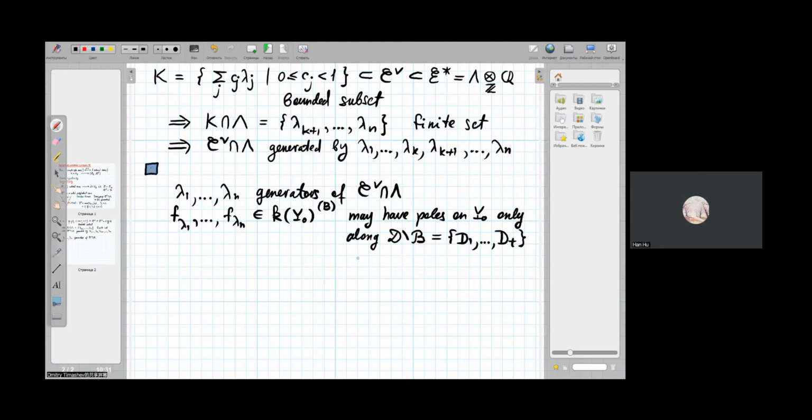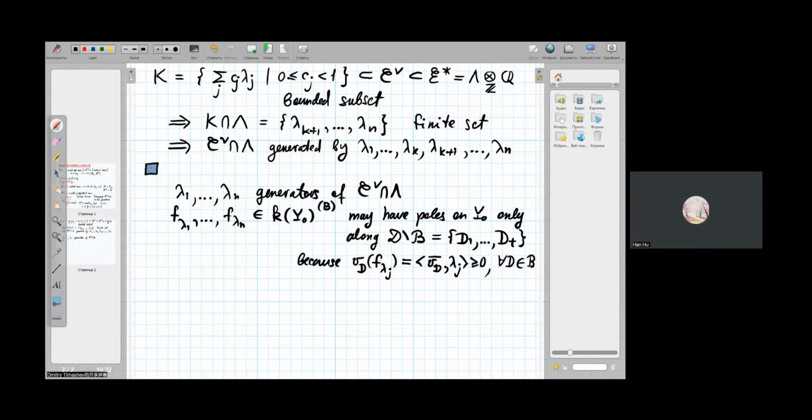Maybe let me write some comment here, because the vanishing order of each of these functions f lambda j along any color D in B, which is equal to the pairing of v D bar with lambda j, is non-negative, just because these vectors v D bar are in the cone C check.